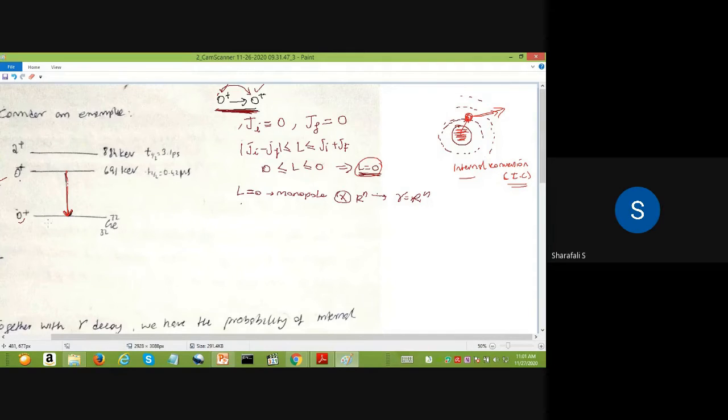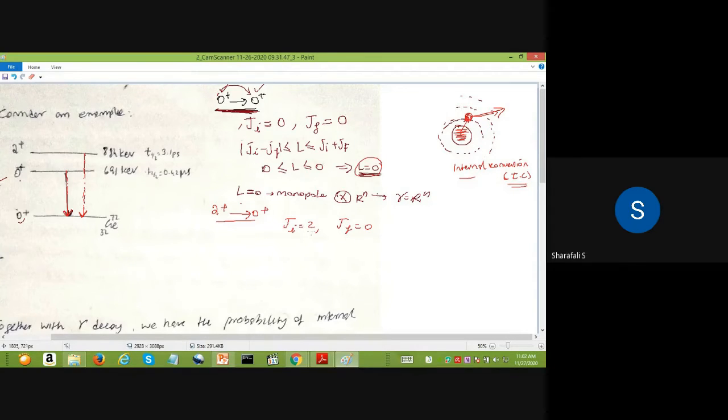And in the second case, when you have this 2+ state, that is also a higher energy state, or the nucleus is in the excited state. So when it comes down to the ground state from the 2+ state to the 0+ state, your Ji value is equal to 2, and Jf value equal to 0.